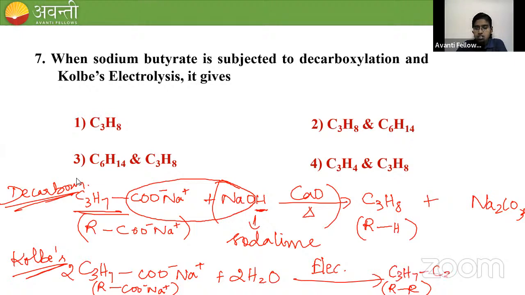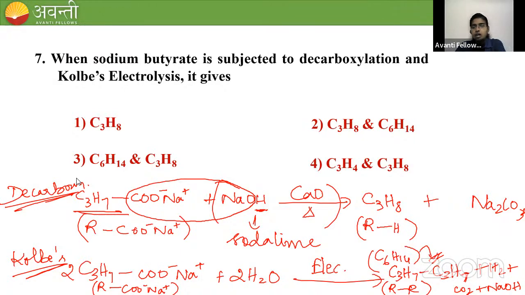So we will end up with C3H7, C3H7, with the elimination of hydrogen, carbon dioxide, and sodium hydroxide as the byproducts. So this is the main product. In this main product, how many carbons do we have? We have 6 carbons and 14 hydrogens.